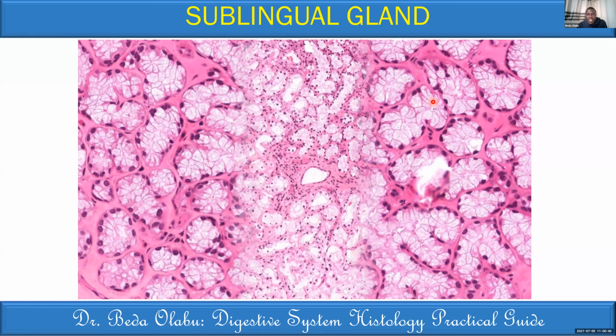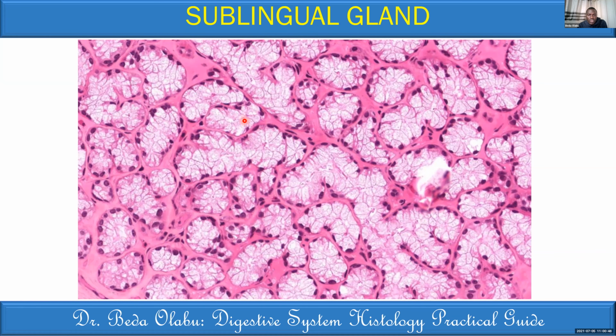You can see what I mean. You hardly see any serous acini in this field. Well, I chose it intentionally to bring out the message home that it will be predominantly mucoid, but you may still have some serous acini within the sublingual gland.